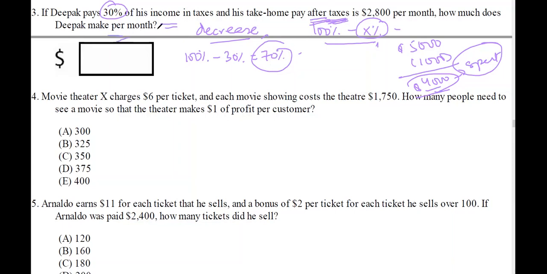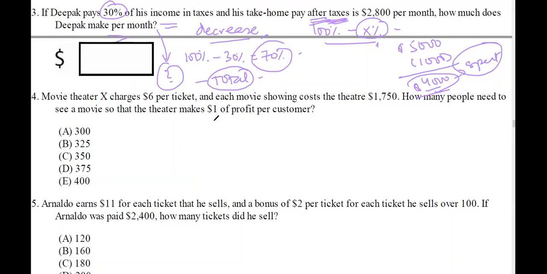Students often fail to understand that this is asking for the total value, because the after tax value is given, but the before tax value, that is 100%, is not given, right?